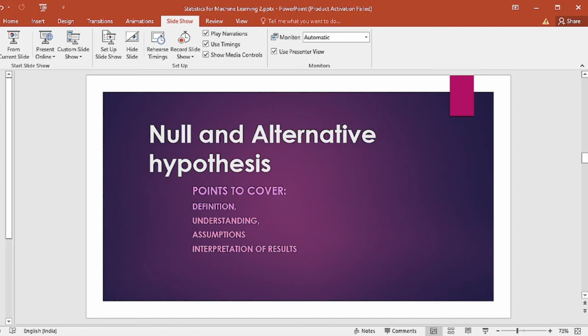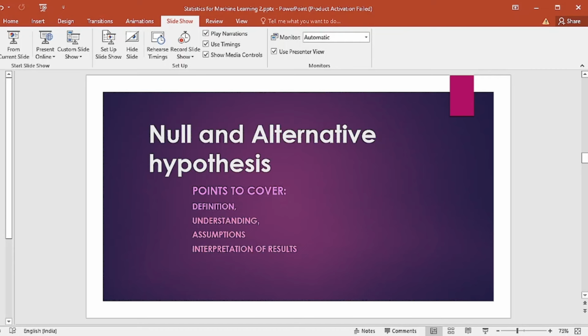In null hypothesis, no effect can be observed. That is, it does not affect the output. But in alternative hypothesis, an effect can be observed on the output. In null hypothesis, the testing process is implicit and indirect, and in alternative hypothesis, the testing process is explicit and direct.